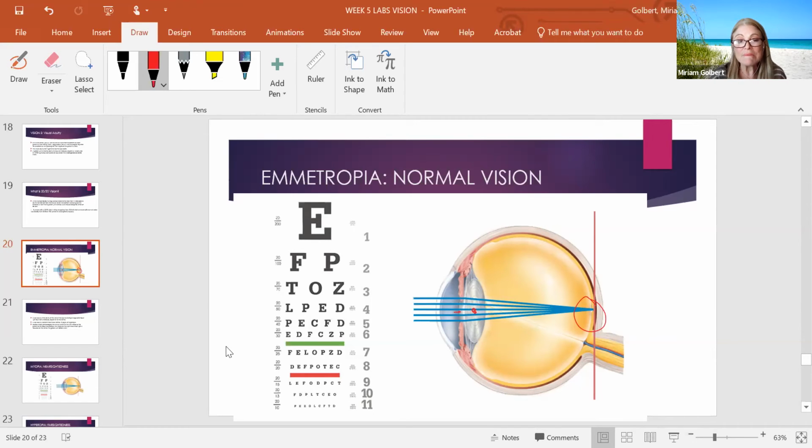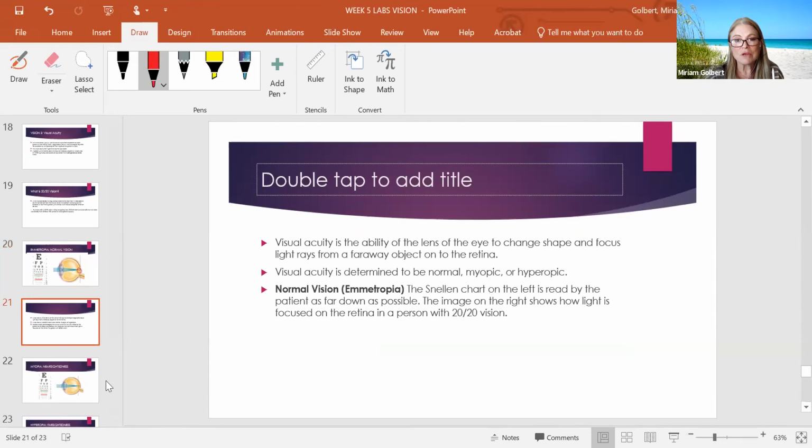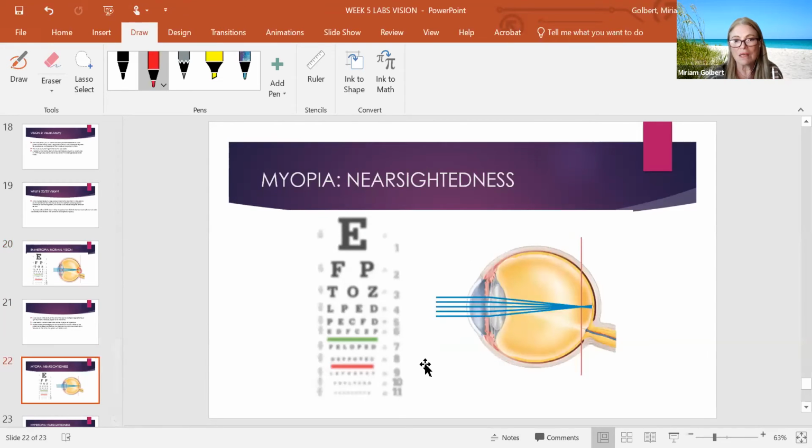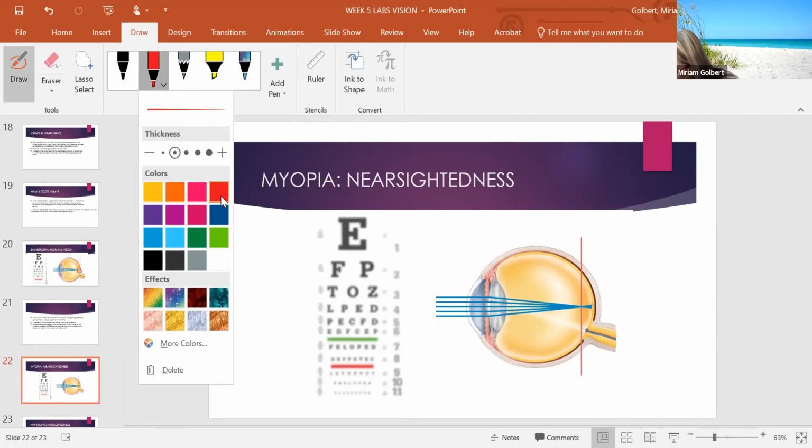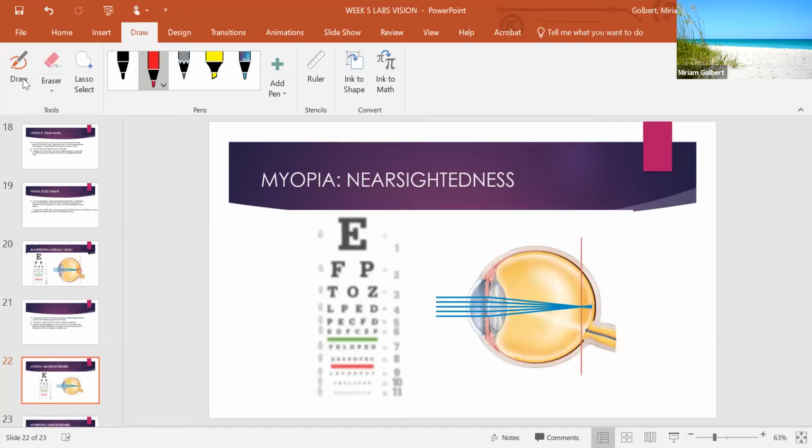So that's when your image is not being formed on the retina. So we're gonna see what happens when your image is not formed on the retina. So here is myopia or nearsightedness. So now you can tell that the image is formed, let me see, in front of the retina, right?